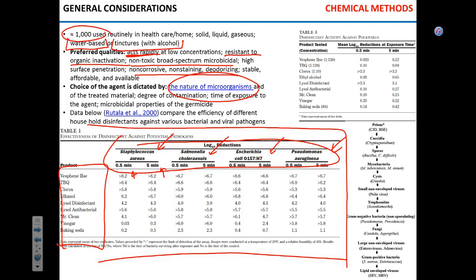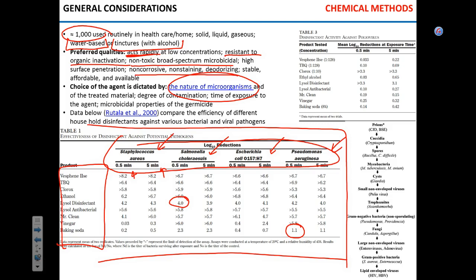It sounds terribly complicated, but it's not. So say, if this is 1.1 decimal logarithm of reduction, it means the number of microbes was reduced about 10 times. Does that make sense? Here, the number of microbes was reduced 10,000 times, 10 to the power of 4. The bigger the number, the better.